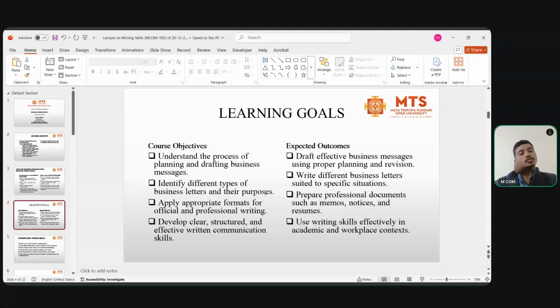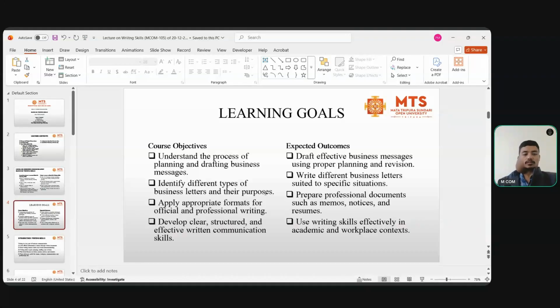The third objective is to apply appropriate formats for official and professional writing, because format is very important in business communication. The fourth objective is to develop clear, structured, and effective writing skills.